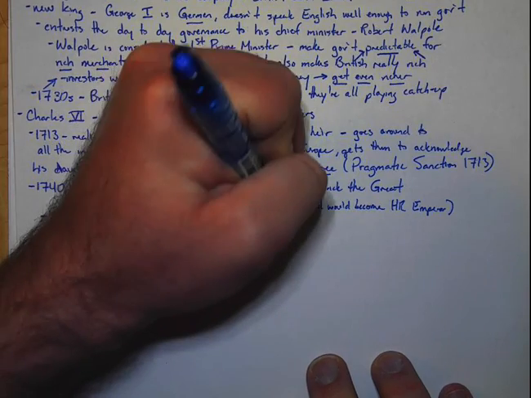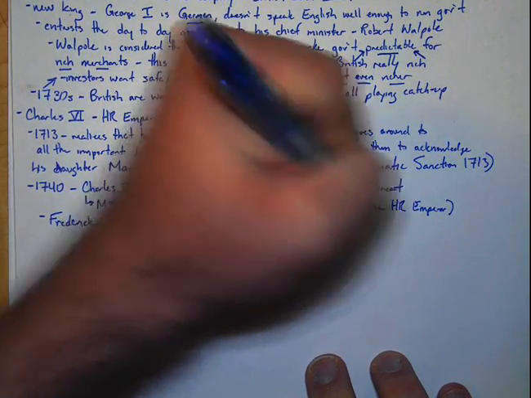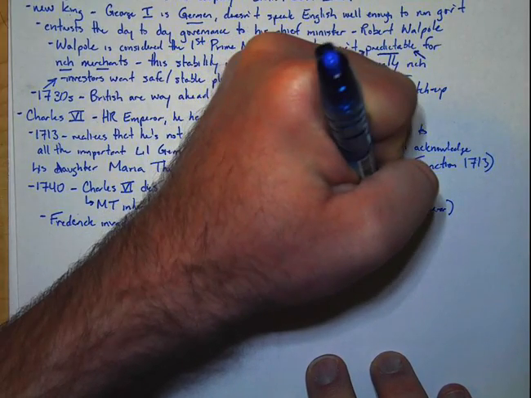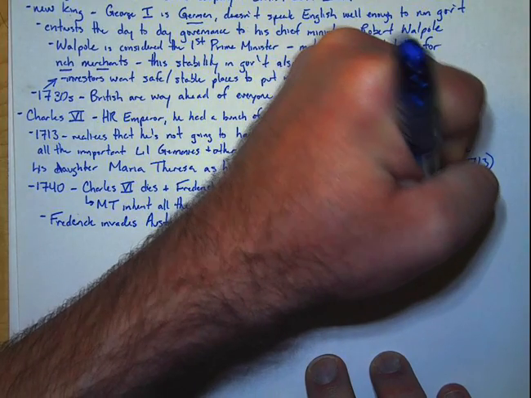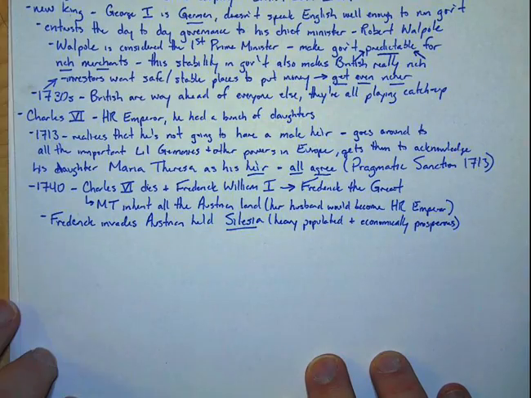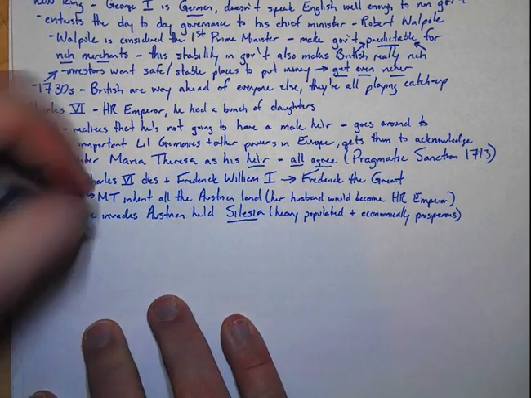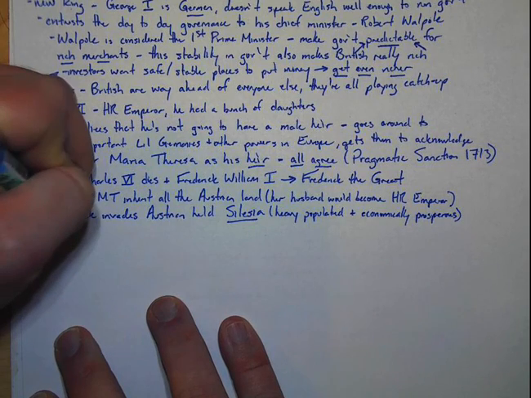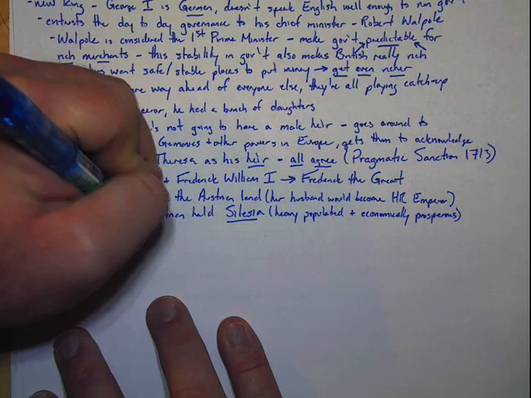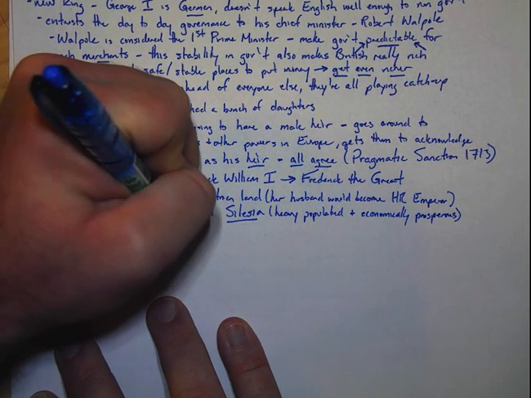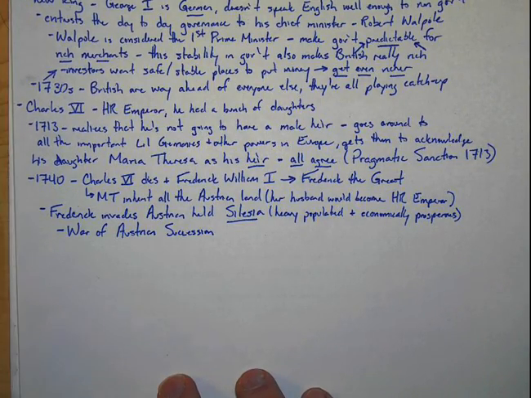Silesia is heavily populated and economically prosperous. And Frederick wants it. This sparks what's called the War of Austrian Succession.